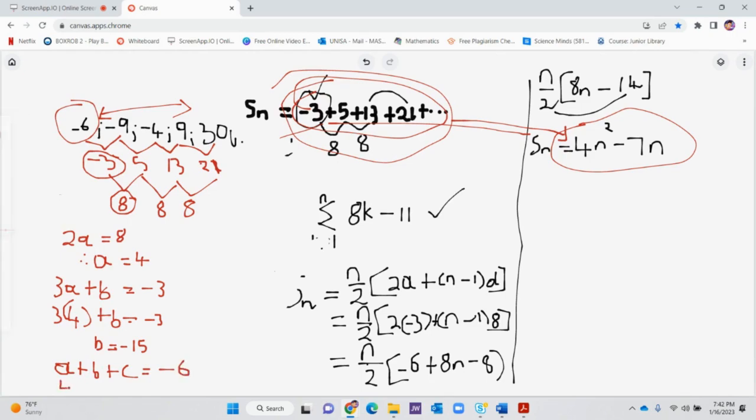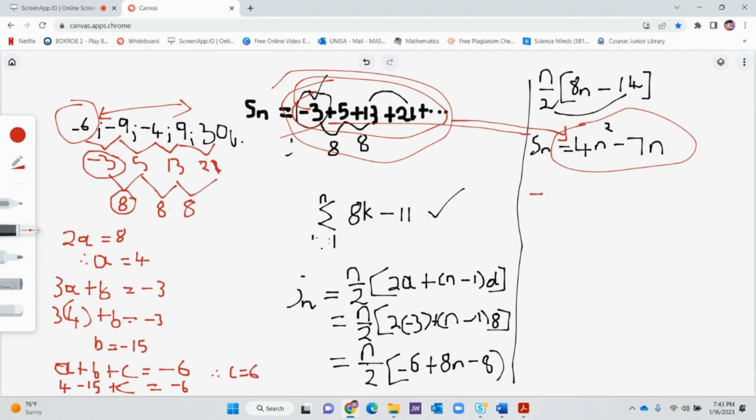So a is 4, b is minus 15, and we are looking for c. Therefore, c is equal to minus 6 minus 4 plus 15, and that will be equal to 6.